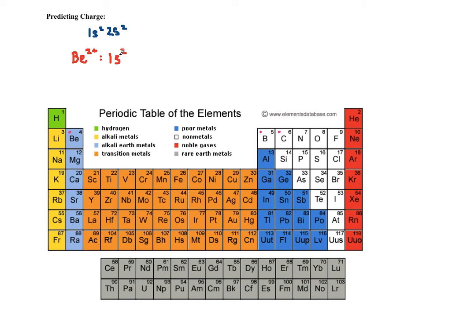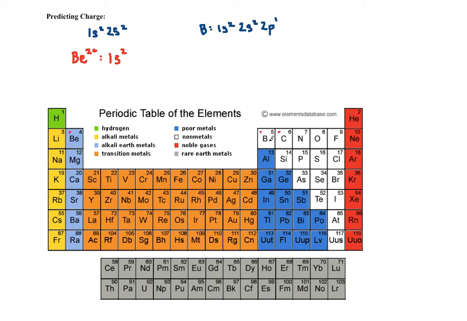Okay? Now if we consider boron, the electron configuration of boron is 1s2, 2s2, 2p1. Boron has a couple of choices.